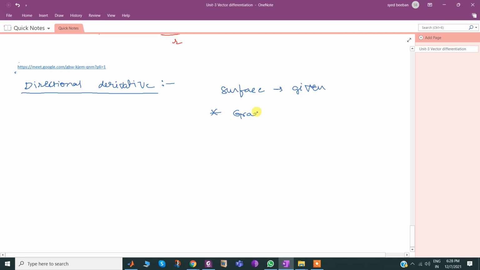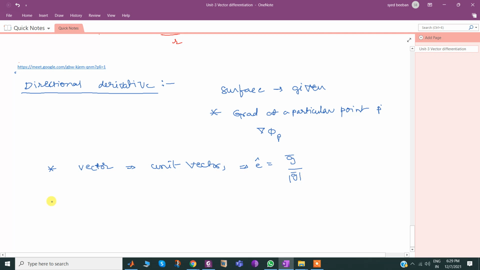Grad at a particular point P, that means here you have calculated del phi at P. Then a vector will be given to you, and from that you need to calculate the unit vector. The unit vector is nothing but the vector divided by its length. Suppose the vector is g bar, e cap equals g bar divided by its length.